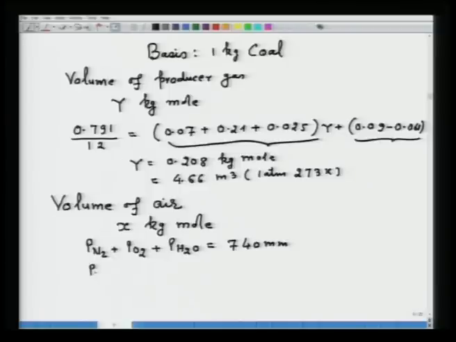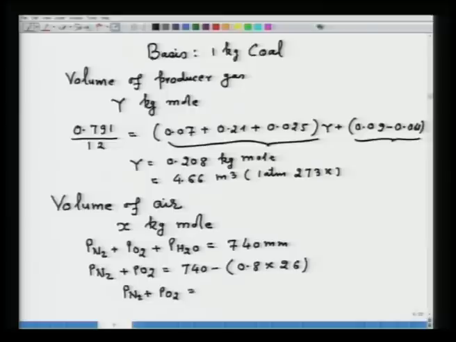Now, we can find PN2 plus PO2, that is equal to 740 minus 0.8 into 26, which gives PH2O. So, with this I am getting PN2 plus PO2 equal to 719.2 millimeter of mercury.